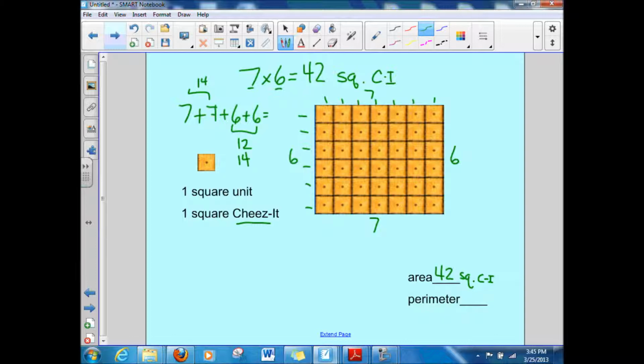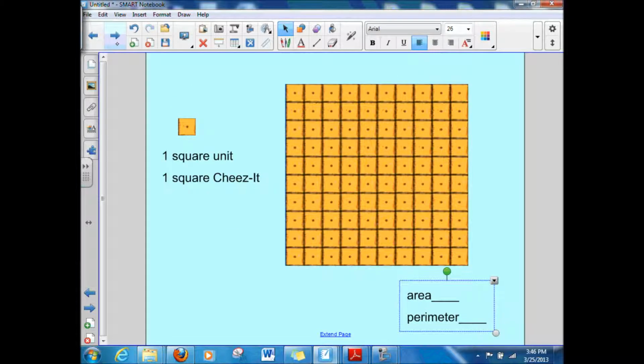Let me use this algorithm upside, lining them up. 2 and 4 is 6, and 1 and 1 is 2. 26 Cheez-Its is the perimeter. All right, perimeter, the outside measurement, area, the number of squares needed to cover the surface.